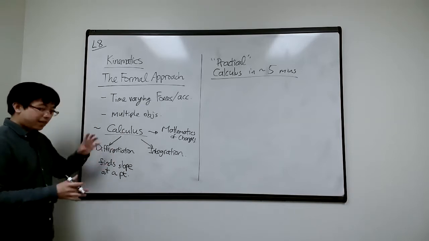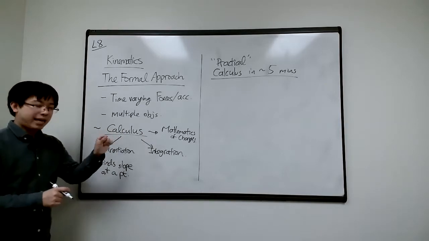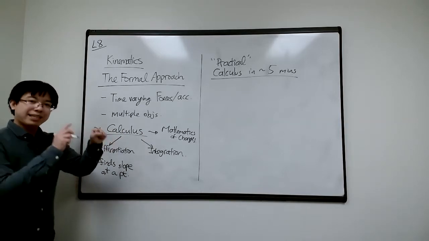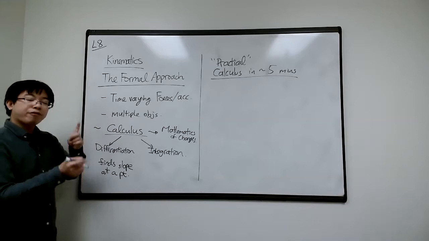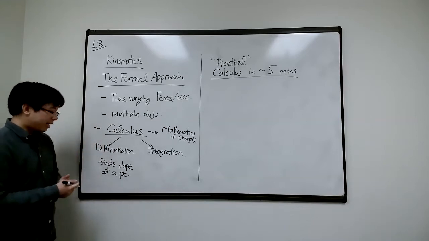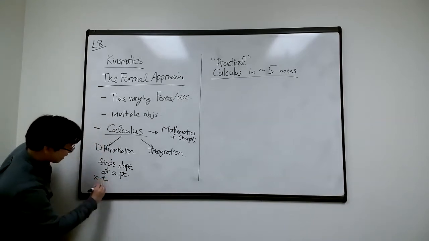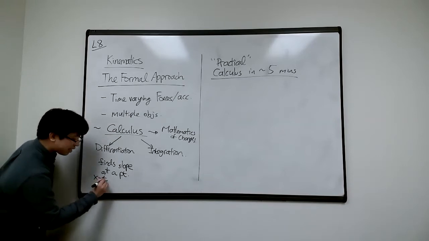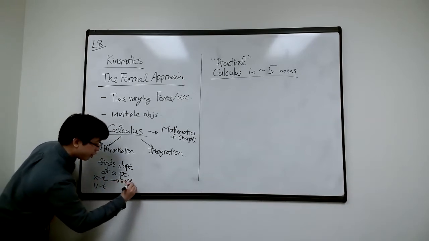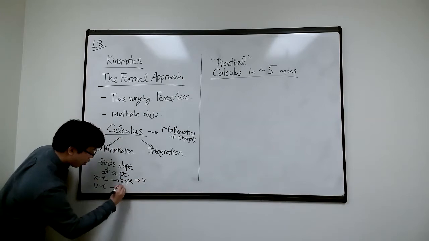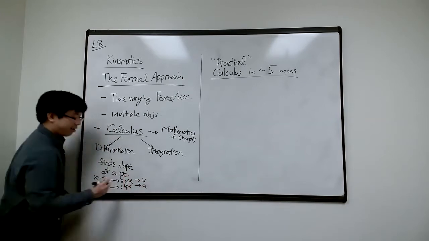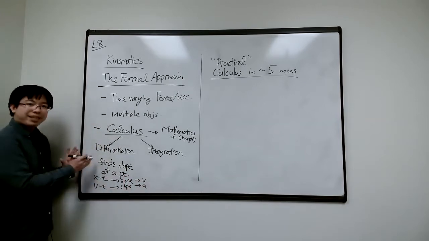Acceleration of an object at a given time is the slope of the velocity time graph, right? So there's the xt graph, there's the vt graph. The slope of that gives you velocity. The slope of a vt graph gives you acceleration, all right? So that's the reason why we need differentiation.